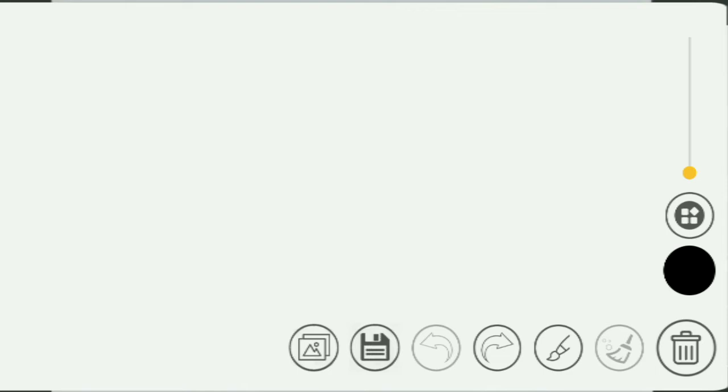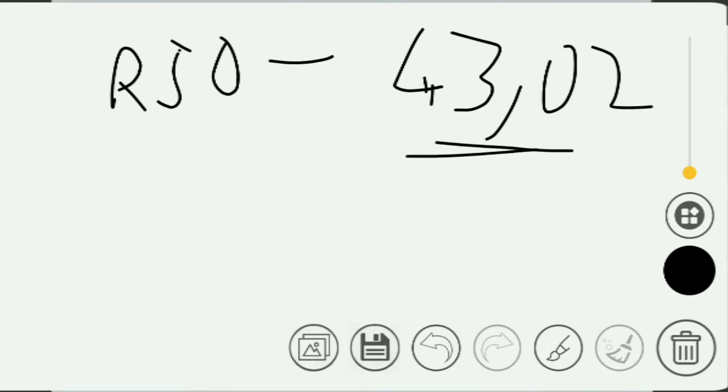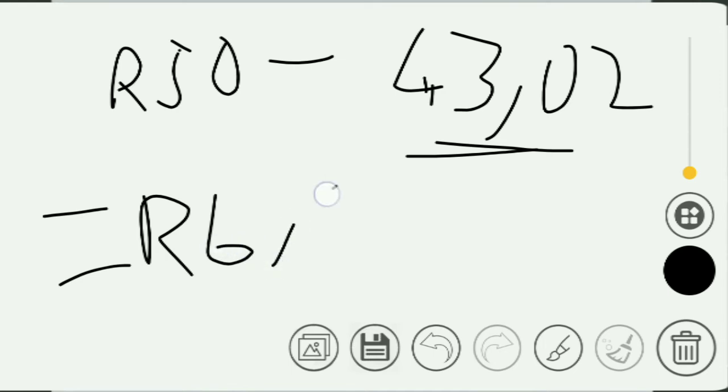It's like paying someone 50 rand for something that costs 43 rand. Obviously you will get change. So we're just going to say 50 rand minus 43.02, which is the cost, equals 6 rand 98.